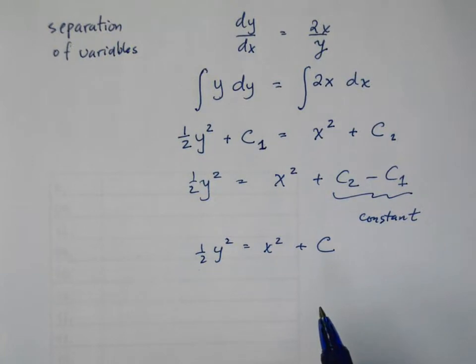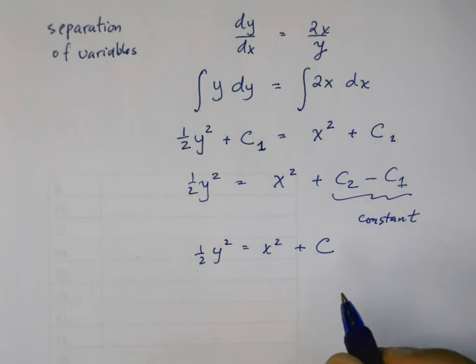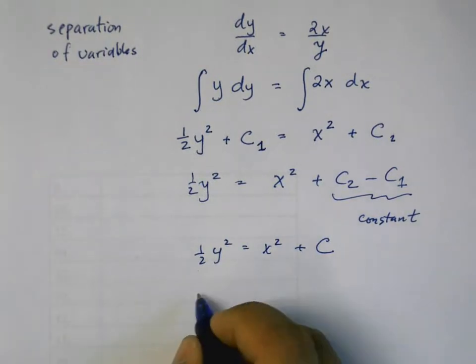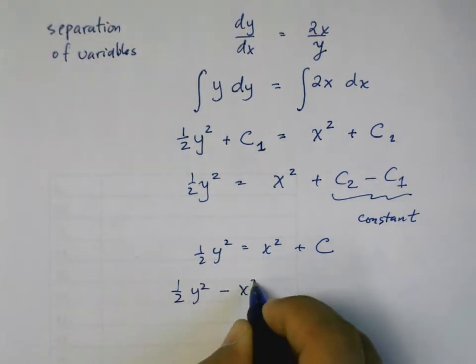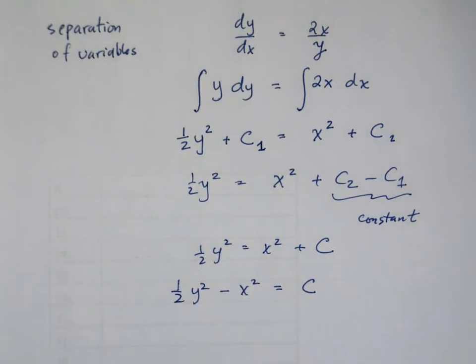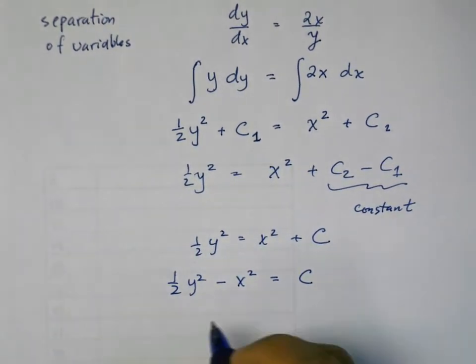I'm going to move everything to the left. So I'm going to say 1/2 y squared minus x squared equals c. And then I'm going to multiply everything by 2.